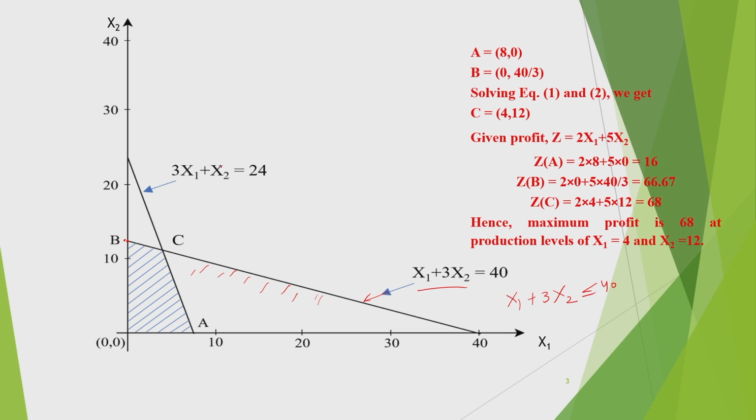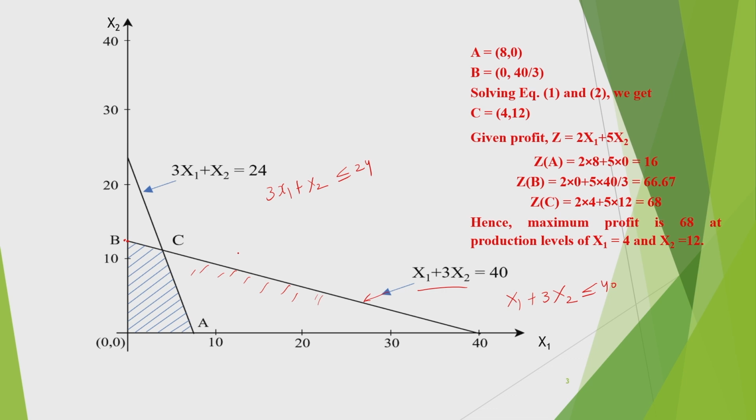Similarly, draw the other line, that is 3x1 plus x2 is equal to 24. The other constraint is basically 3x1 plus x2 is smaller or equal to 24. So, we draw a line whose equation is 3x1 plus x2 is equal to 24.